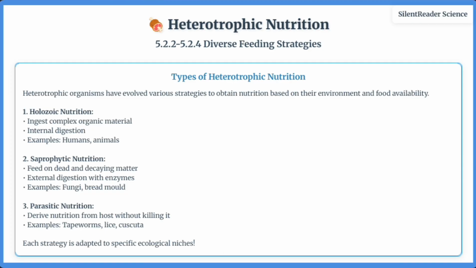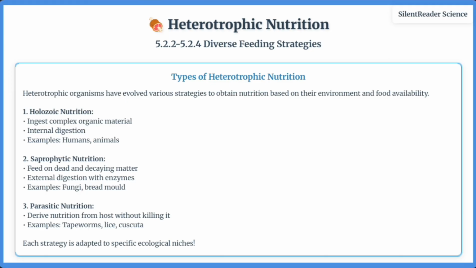And parasitic nutrition where organisms derive nutrition from a living host without killing it immediately, like tapeworms and cuscuta. Single-celled organisms like amoeba use pseudopodia to engulf food in a process called phagocytosis, while paramecium uses cilia to direct food into its oral groove.